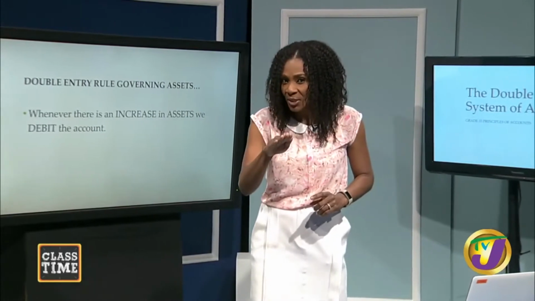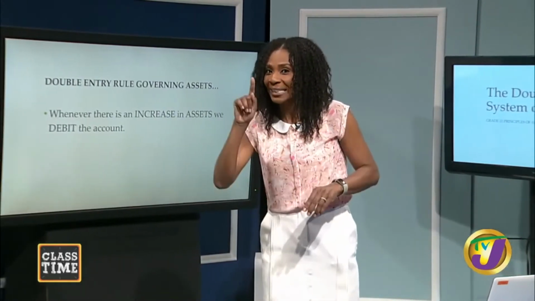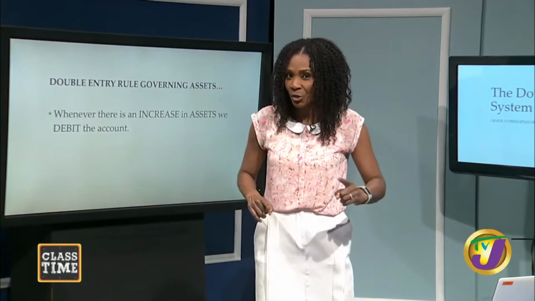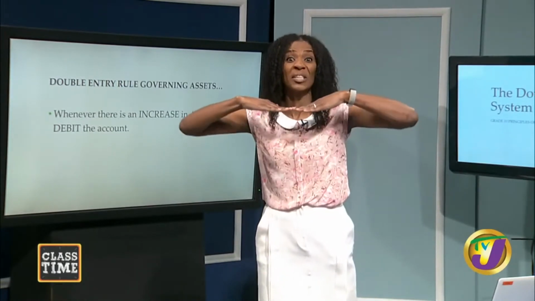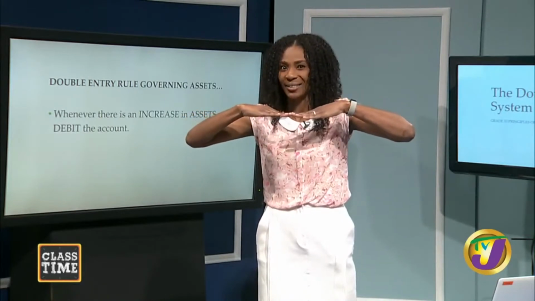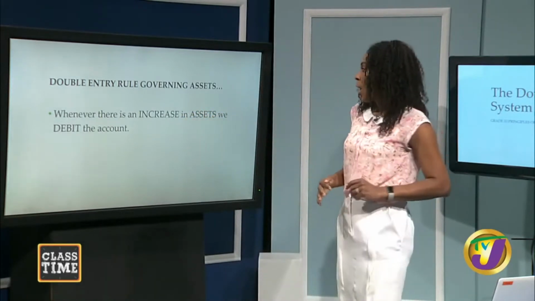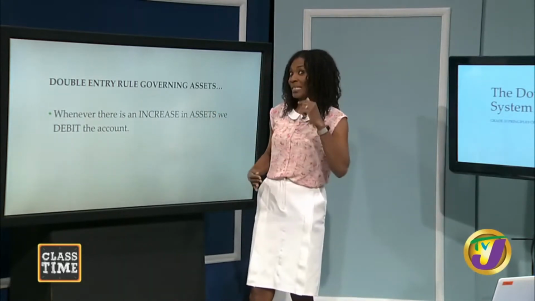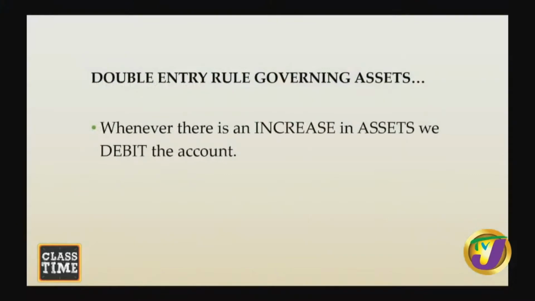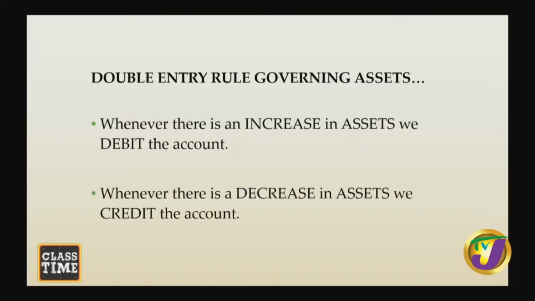Remember, I'd established that we have to make a debit entry and a credit entry because one transaction affects two items, and at all times we need to keep the equation balanced. Good. Now, whenever there's an increase in assets, we debit the account. So what happens when there's a decrease in assets? Whenever there's a decrease in assets, we do the opposite. We credit the account.